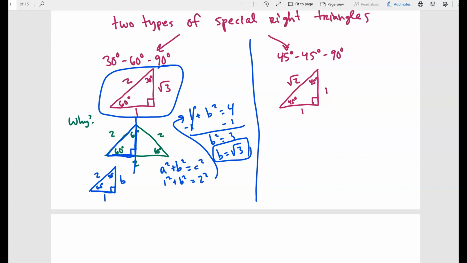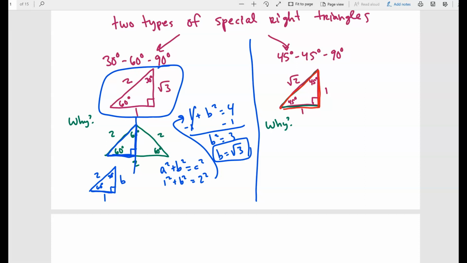Now this guy over here, 45, 45, 90, this is a little bit easier to figure out. So why is this way? Well, one way to think about it is that you can see this 45 degree angle, and then you also have this 45 degree angle this way. Well, if you have these 45 degree angles, you can see that opposite of these angles, the sides should be the same.